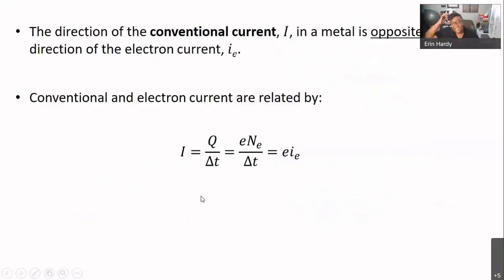So instead of measuring the amount of charge that goes through a light bulb that's connected in a circuit every minute, what I could do is use an ammeter to evaluate the rate at which charge moves through that ammeter.